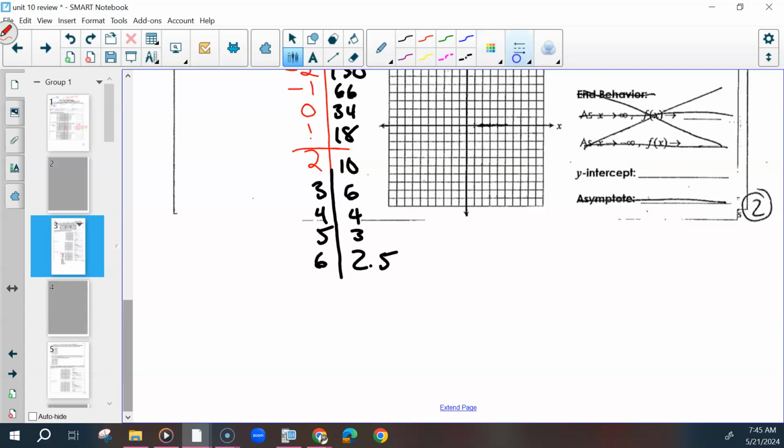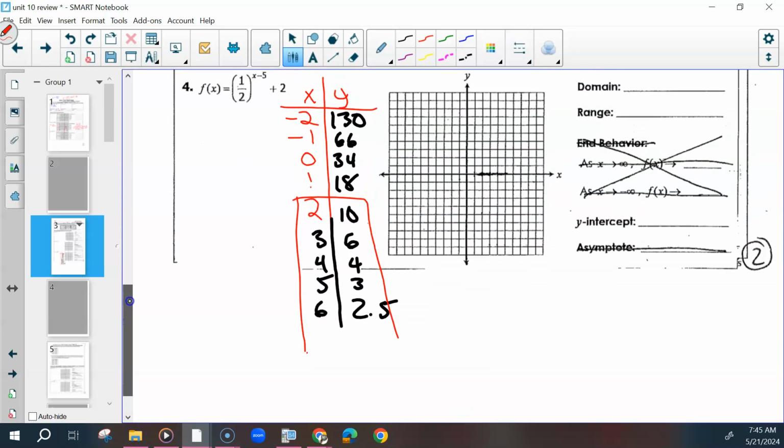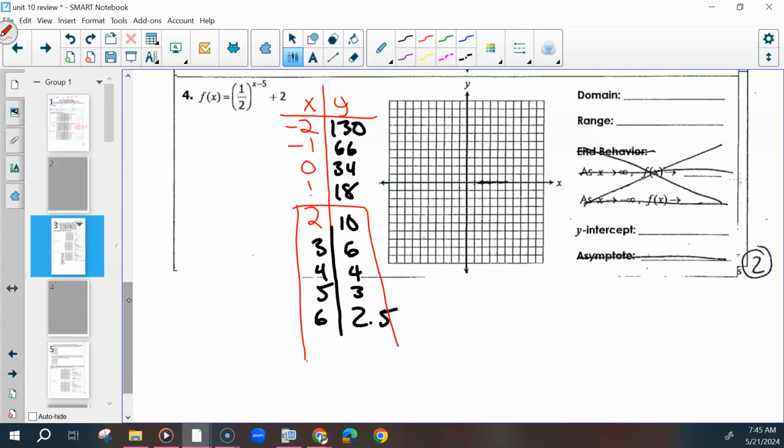And then I'm going to plot these 5. That way you can kind of see where the curve is or where it starts.